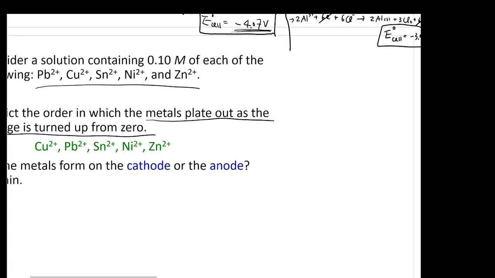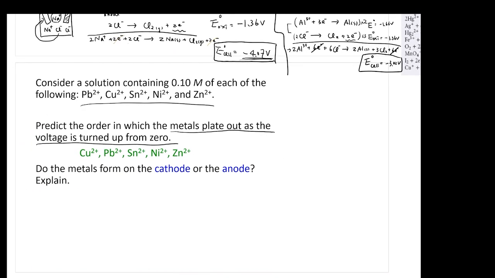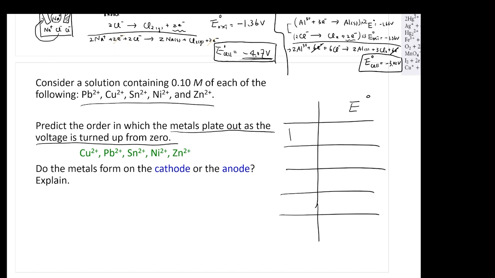Again, these are the species that undergo electrolysis reactions, so you want to know the E naught for each species. Here you have Pb2 plus, Cu2 plus, Sm2 plus, Ni2 plus, and then your Zn2 plus.